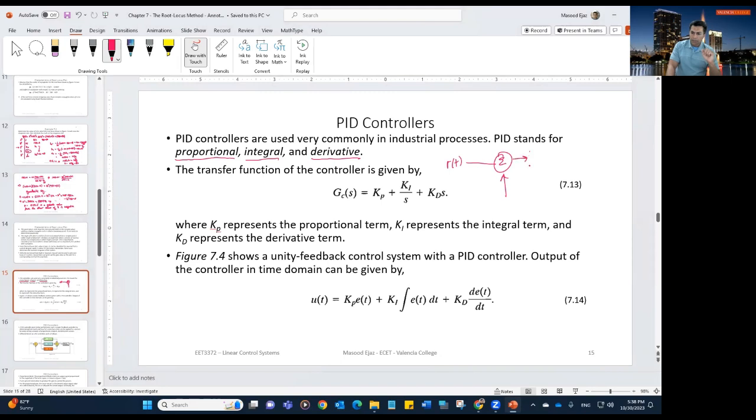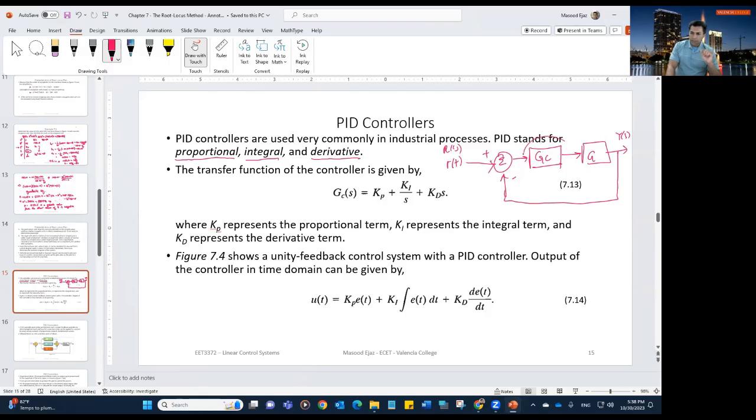Then you have the controller, usually Gc, and then the process, G, and of course your output, Y. So this is R(s), and then you have Y(s), and then the feedback loop. Most of the time we have a unity feedback loop.